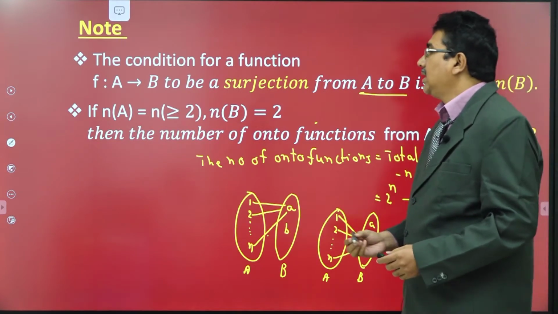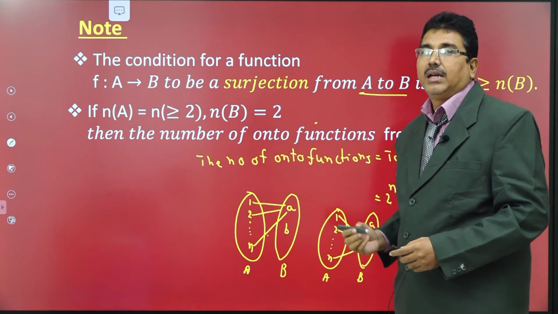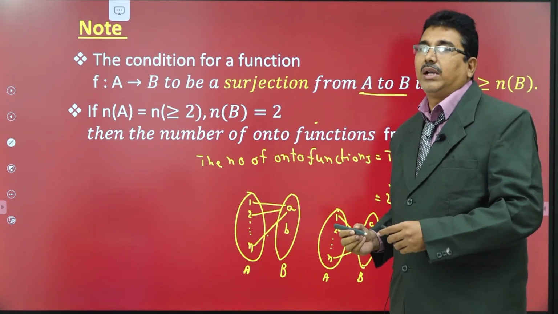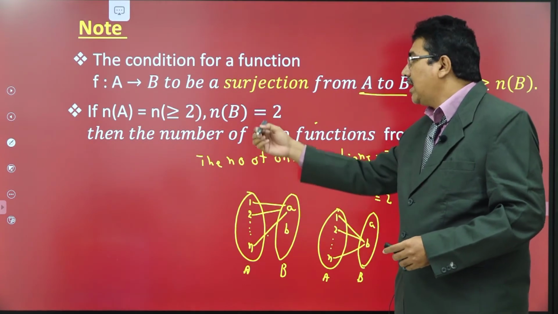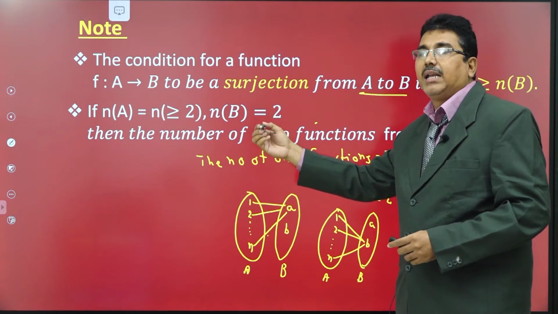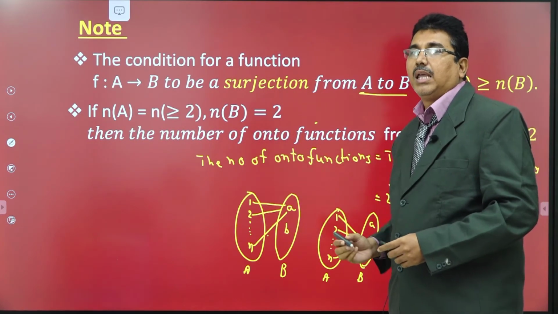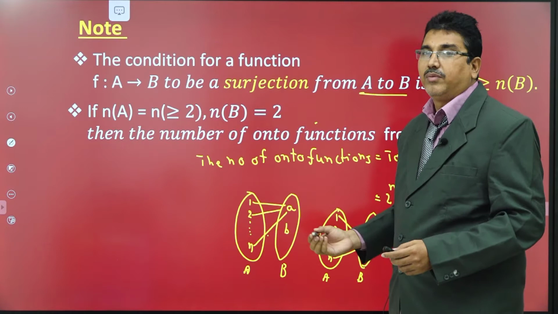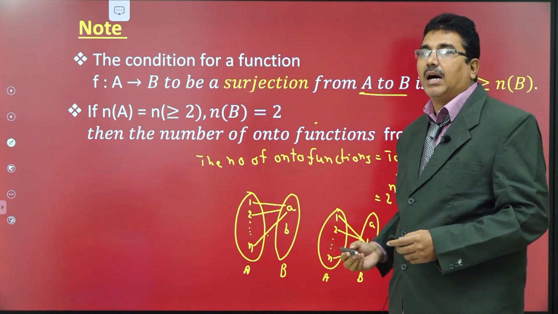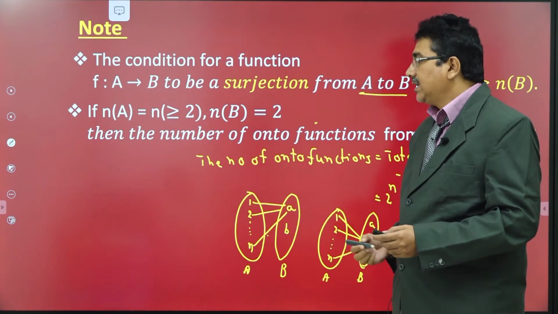Now if n of B is greater than or equal to 2, then the number of onto functions is as follows.